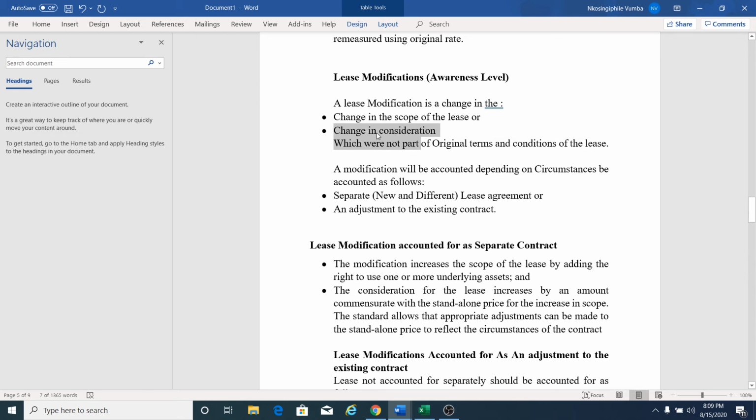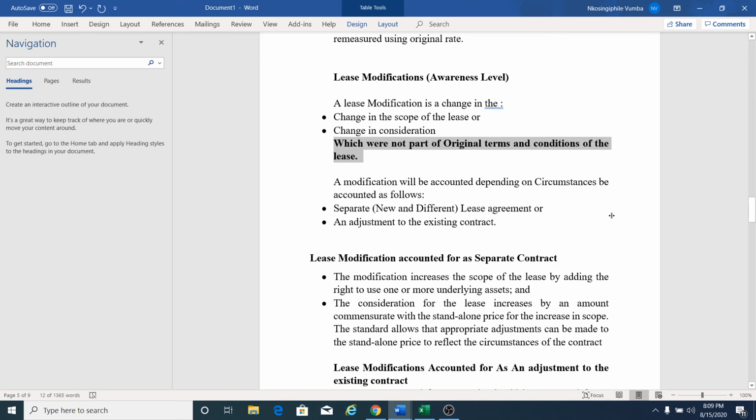Those changes in the consideration or in the scope of the lease should be changes which were not part of the original terms of the lease. They were just recently introduced now. If there are those changes, then there is a lease modification.